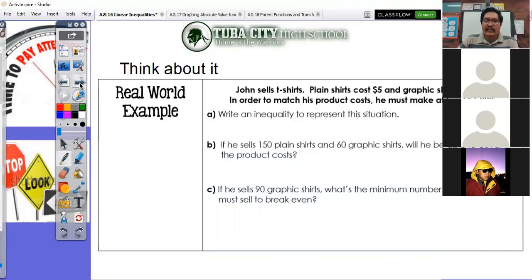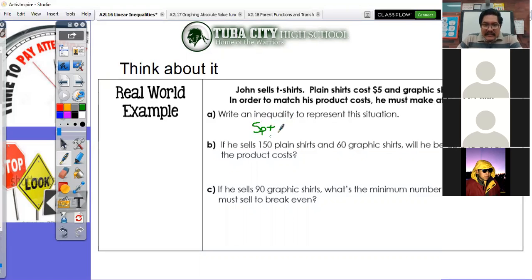Anyway, write an inequality to represent this situation. We'll just go ahead and use P for plain shirt. So 5P. Again, if he sells one plain shirt, it's $5. He sells two, that's 10. 3 is 15, right? And he's selling them in combination, so there are different ones.